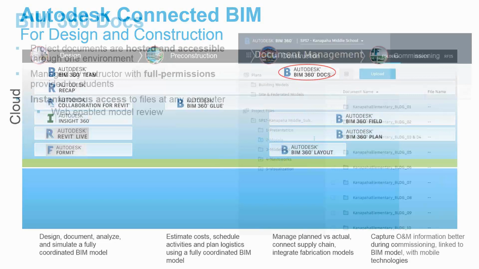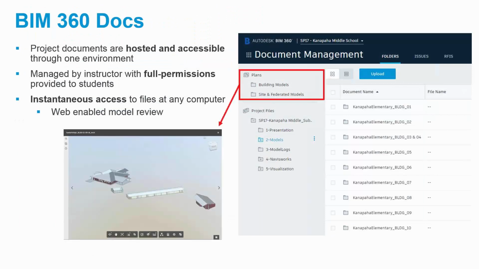So what we have within BIM 360 Docs is an example of what one of the projects looks like that we set up, where up in the plans category at the top, what you can see is you have a building models and a site and federated models category, which we created. And what they have up there is the ability to put their models, and if they have sheets embedded in their models, or if they create sheets, which they're encouraged to do, they automatically show up, and they can look at the 3D views and write comments to one another.